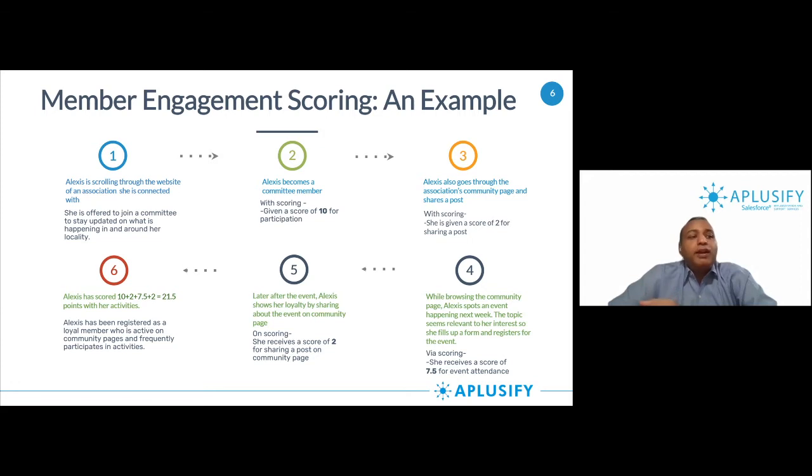So the more points a member has, the more he's engaged with your association and he's a loyal member, right? There are chances that he's happy with what he's getting out of your system, out of the cause that he has registered with your association.